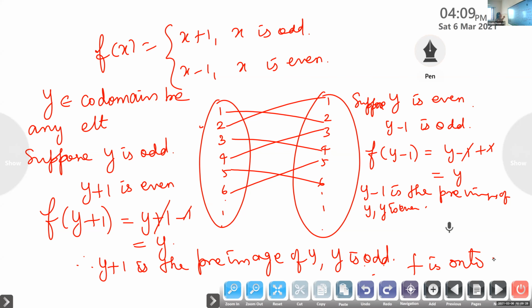In the book, it is given taking it as 2r plus 1, 2r minus 1 and all. You may feel it is a little bit difficult, that's why I'm giving this proof. It is an easy one, and from the figure you can understand. So f is onto. Already we proved it is 1-1. So now it is 1-1 and onto. Therefore, it is a bijection.